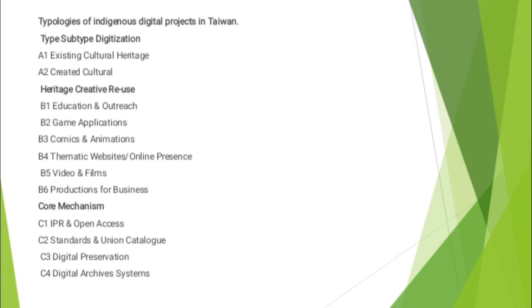Type A: digitalization of existing cultural heritage, and created cultural heritage. Type B: creative reuse. B1 is educational and outreach, B2 is game applications, B3 is comics and animations, B4 is thematic websites and online presence, B5 is video and films, and B6 is production for business.